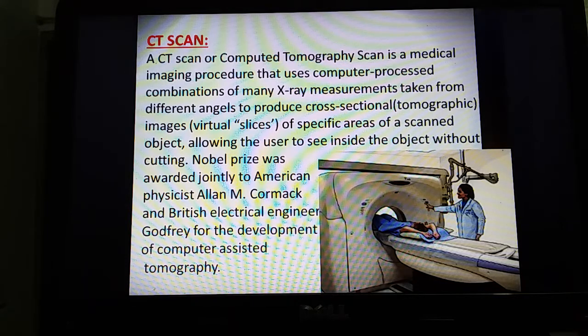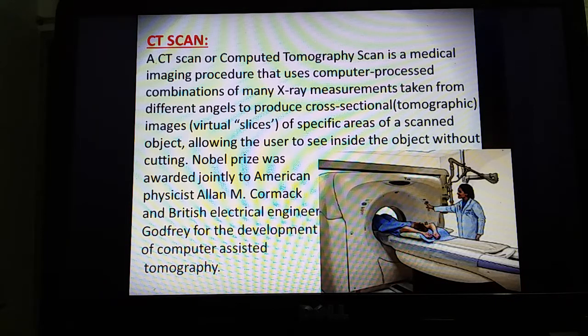So before a CT scan, the total area or total part of the body that I have to scan or examine is divided into many cross-sectional areas for creating images.